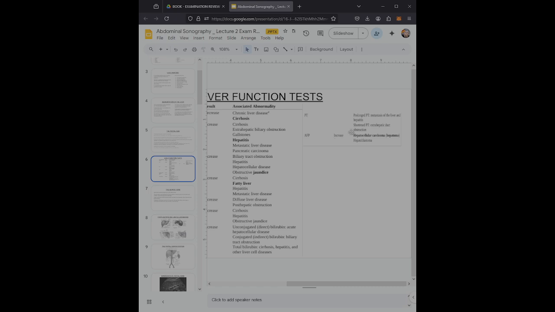So our PT, prolonged prothrombin time, probably indicates metastasis of the liver and hepatitis. If it is shortened, it can indicate extrahepatic duct obstruction, and AFP increases can lead to hepatocellular carcinoma or a hepatoblastoma.